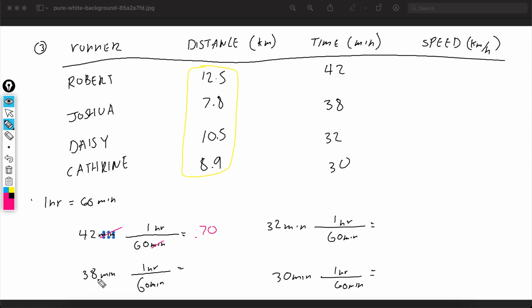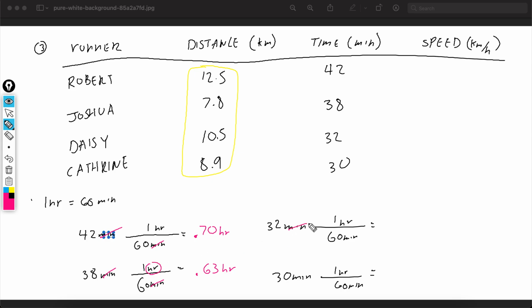Okay, let's do the next one. We got minutes on the bottom, so minutes cancel out. We have 1 hour left. 38 times 1 is still 38, divided by 60 is 0.63 hours. Why hours? Because that's what's left over.